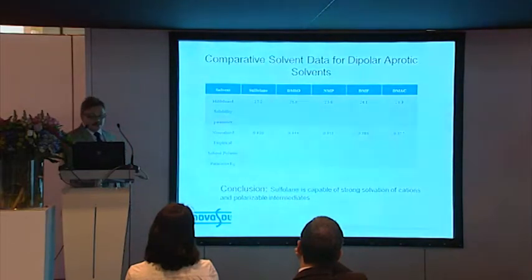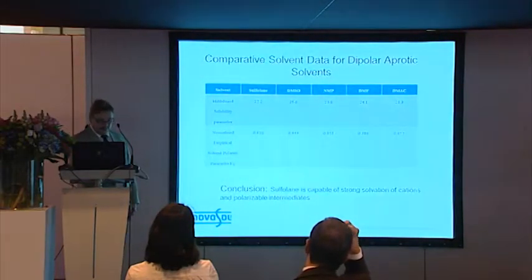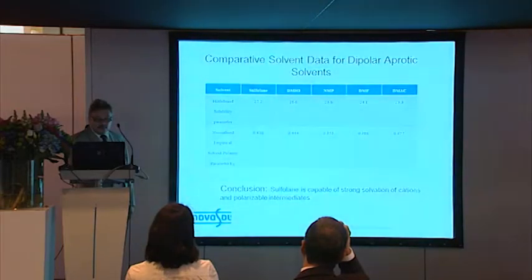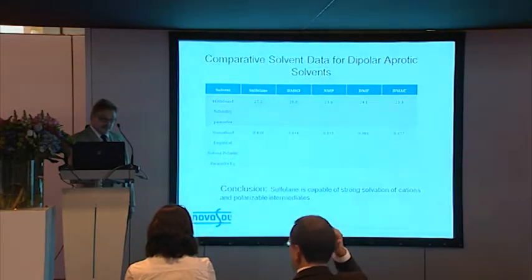The Hildebrand solubility parameter is also an important parameter, as well as the normalized empirical solvent polarity parameter, where you can see in all of these cases that sulfolane is among the highest values. The only one that can compare is DMSO.